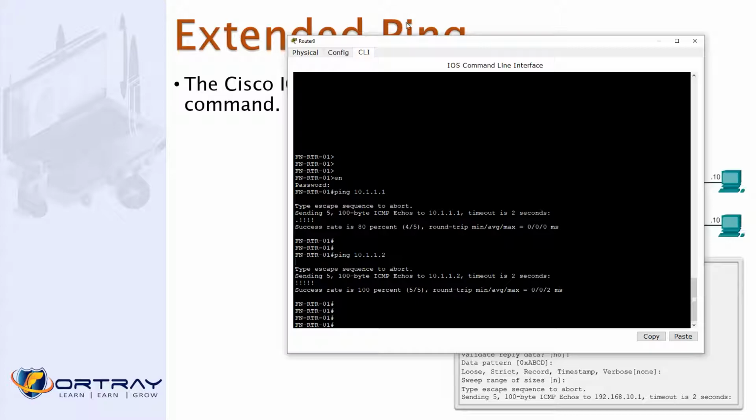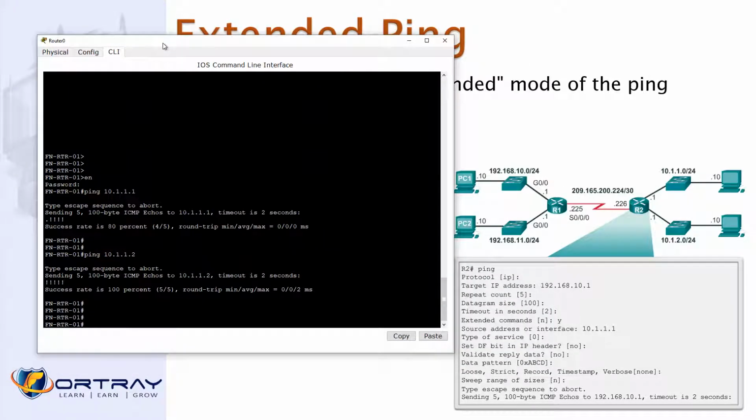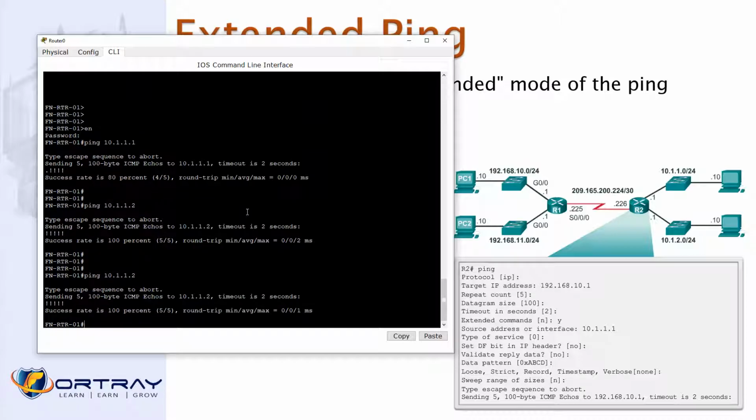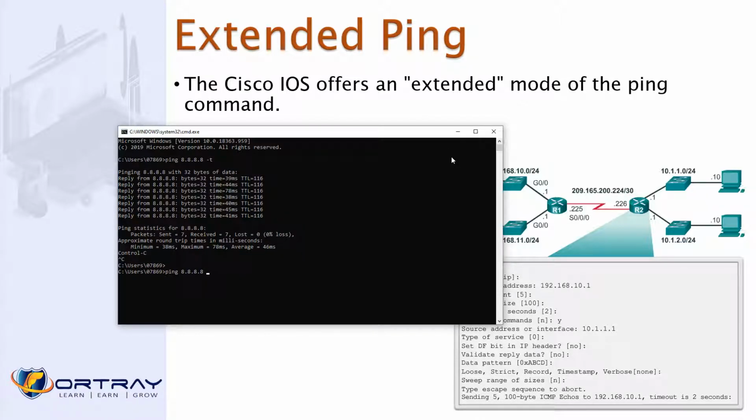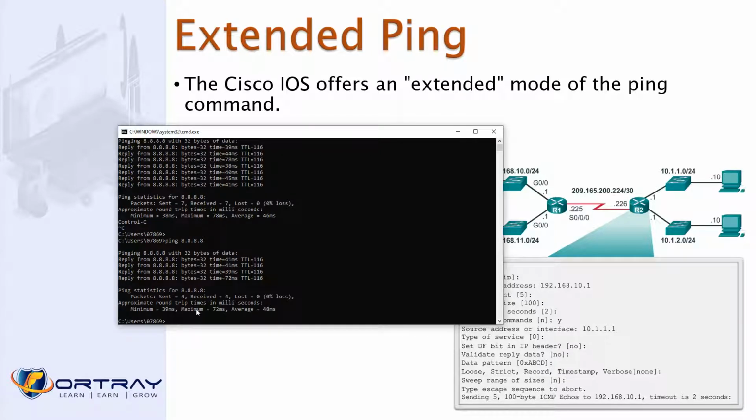In the extended ping, normally when we send the ping, look, if I ping from my computer, just like ping 8.8.8.8, normally we get 4 ping replies unless we say -t.